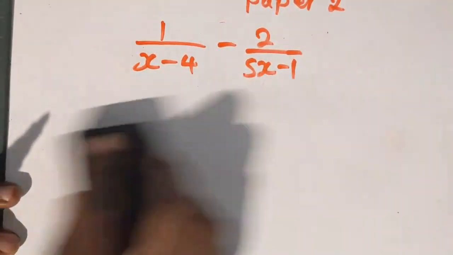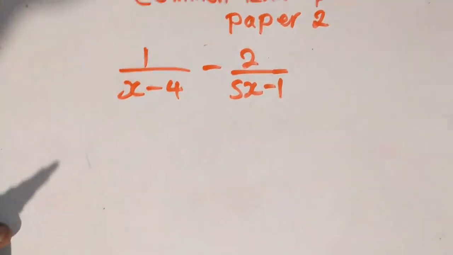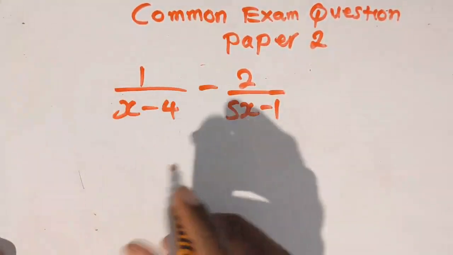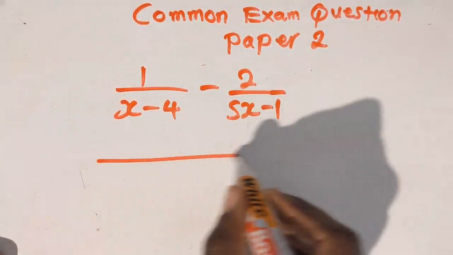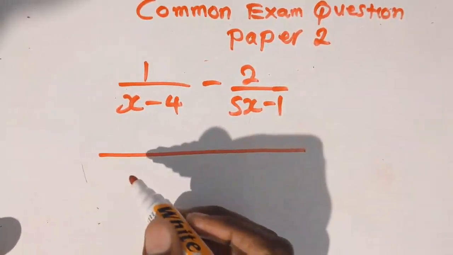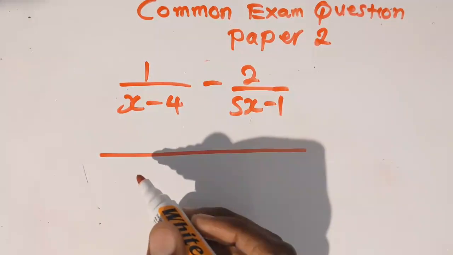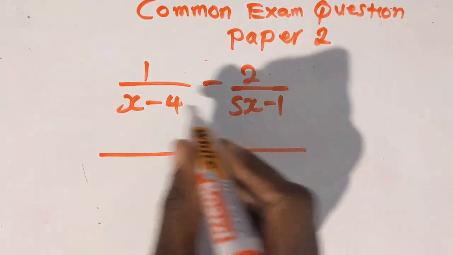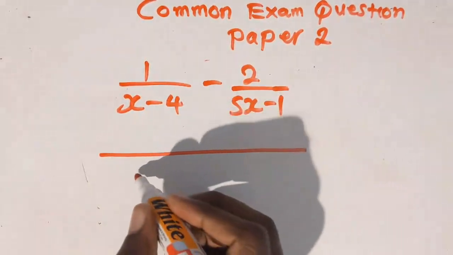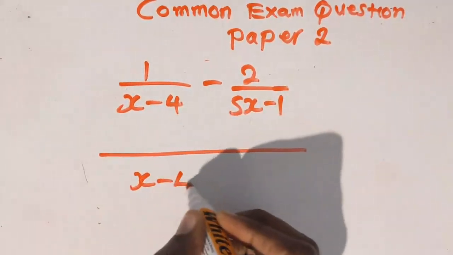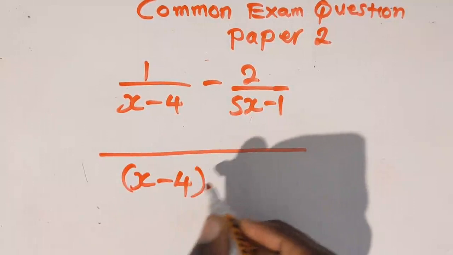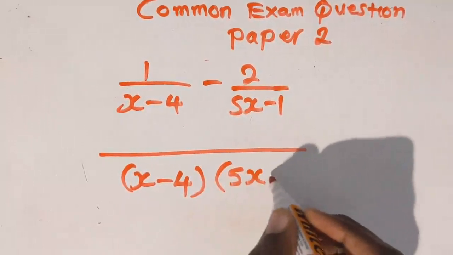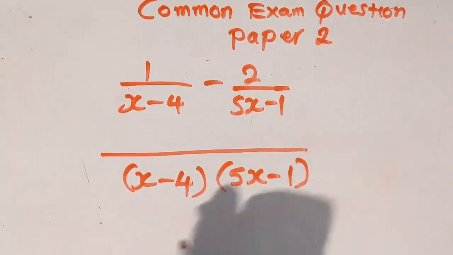So we'll do the same as this one in order to find the single fraction. So here you're going to get the common denominators, which are going to be these same ones: x minus 4, then 5x minus 1, like that.